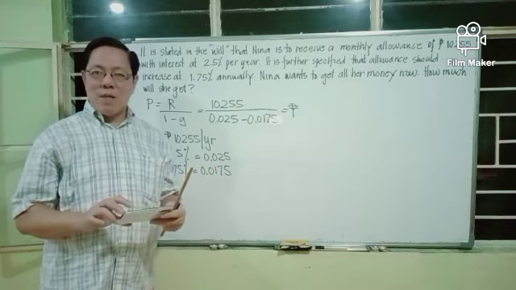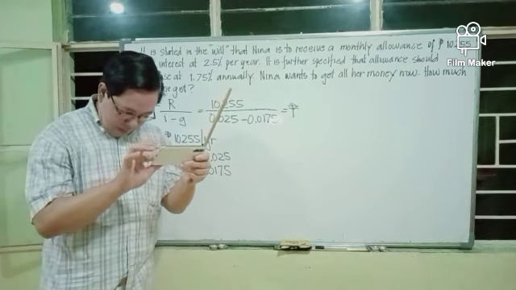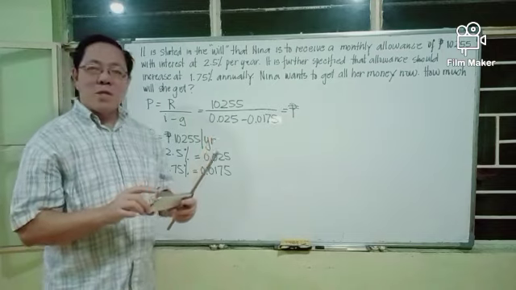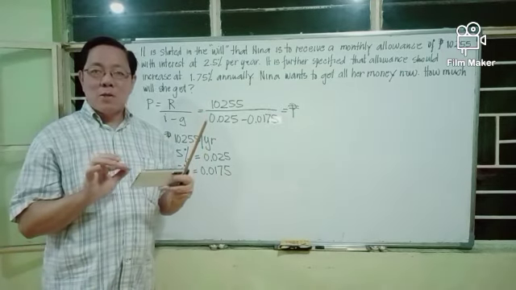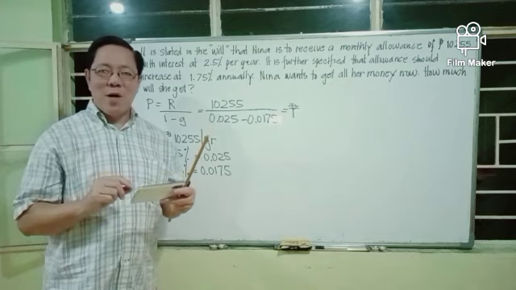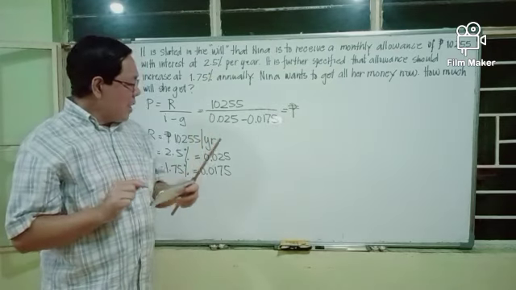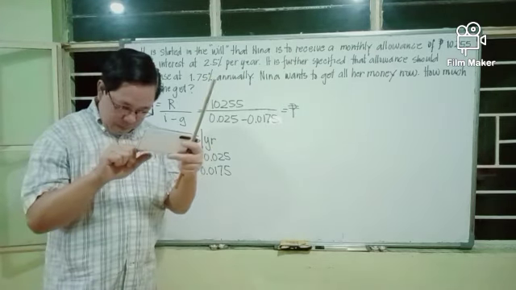We have 10,255 divide by, use an open parenthesis, 0.025 minus 0.0175, and then use a close parenthesis and press equals. You get 1,367,333.33.